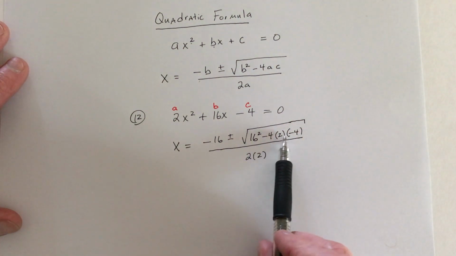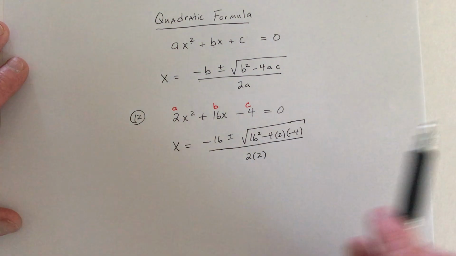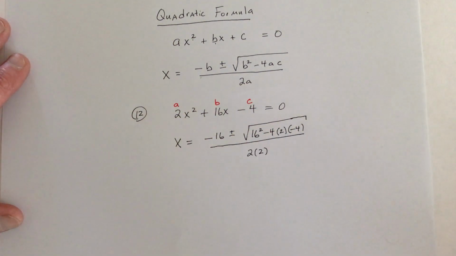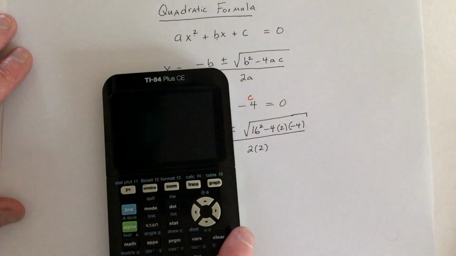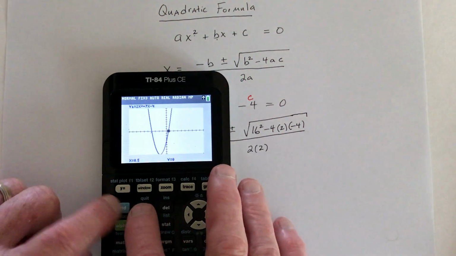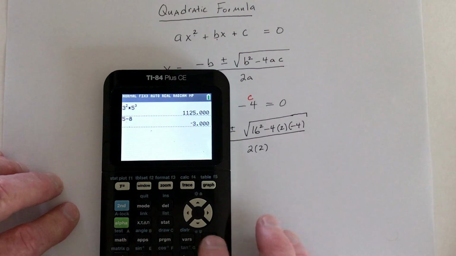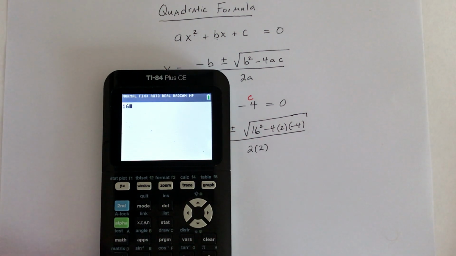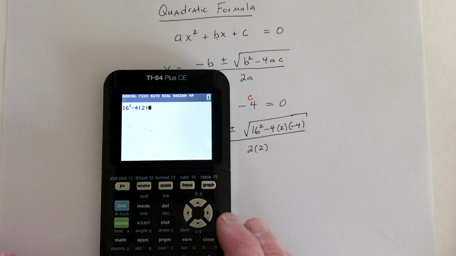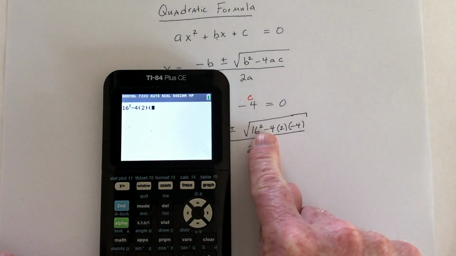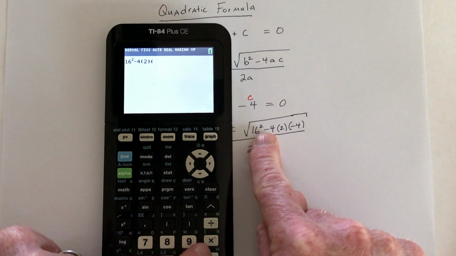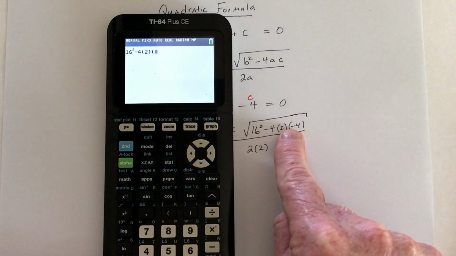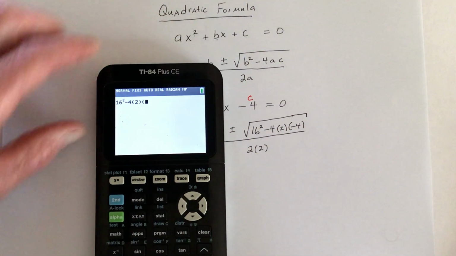For this part, I would like to just do this on the calculator. Not even with the square root, I just want to simplify what's inside the square root. So I don't need the graph, I just need the home screen. I just need to know what's 16 squared and then minus 4 times 2 times, and this one is the minus on the left side of the calculator, and this one is the negative, the one at the bottom of the calculator.